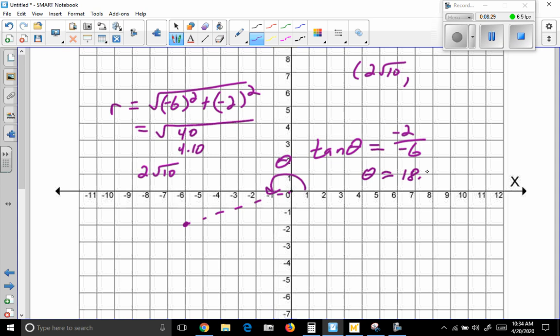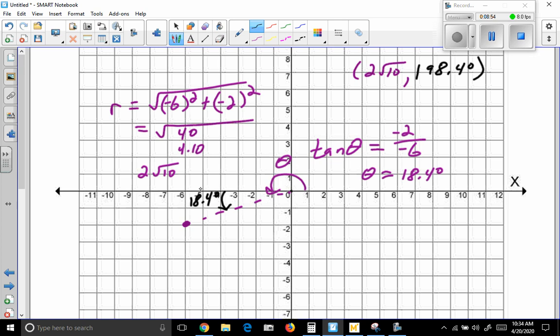Well, notice 18.4 degrees is in the first quadrant. Our point is located in the third quadrant. So how are they related? Remember, they have the same reference angle. So our angle is 18.4 degrees past 180, so 198.4 degrees.